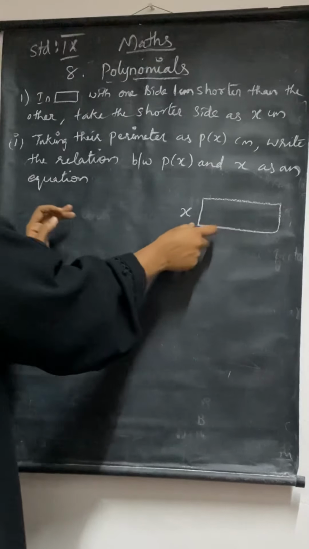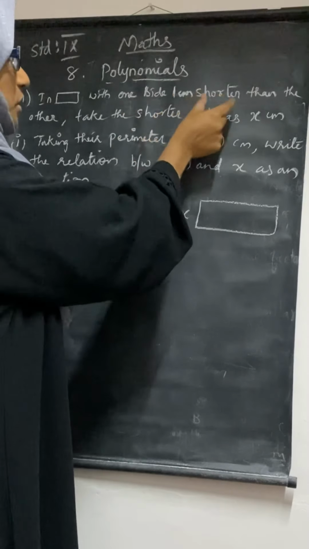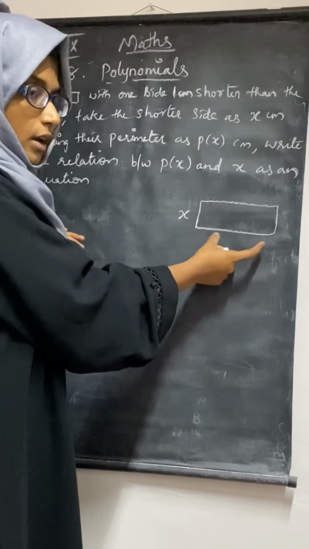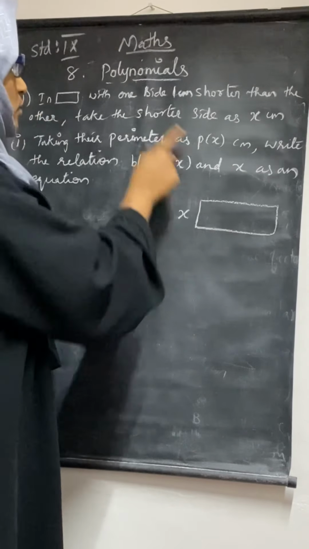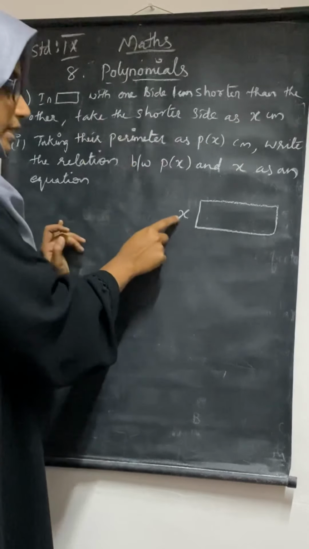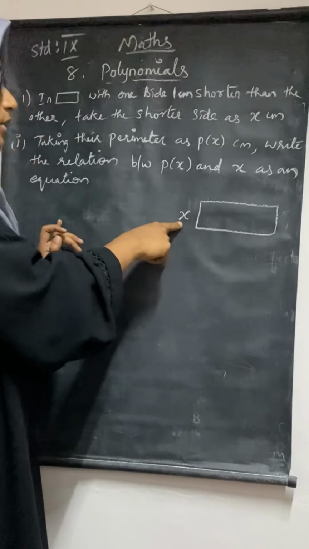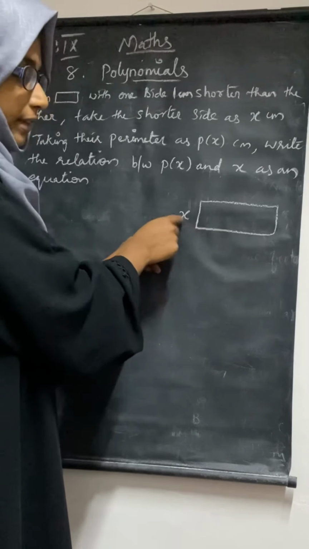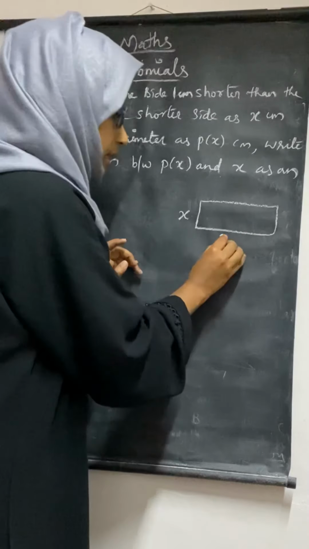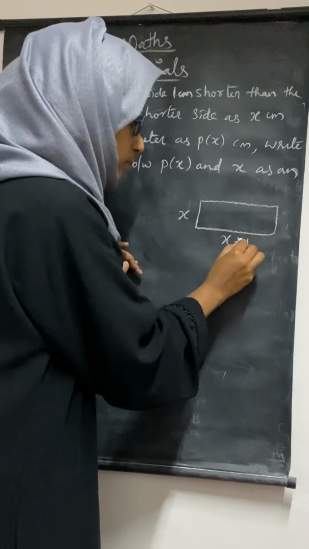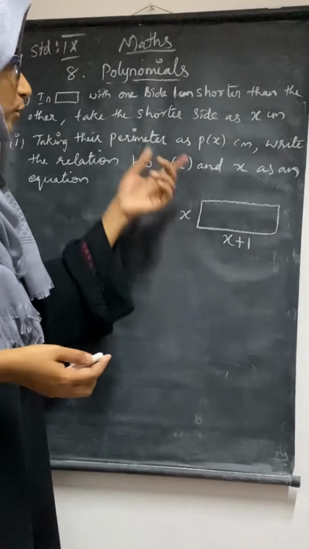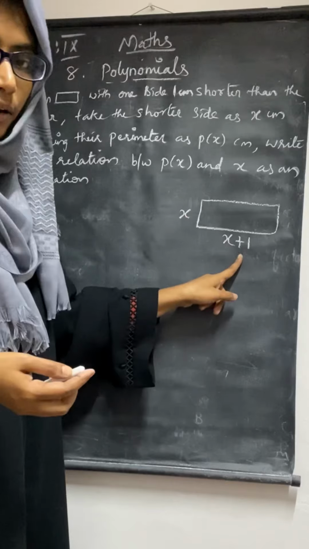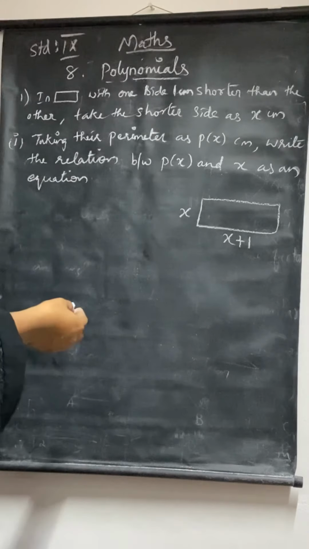So the shorter side you have to take as x, and they told that one side is 1 centimeter shorter than the other. So if this is x, the other will be more, plus 1, x plus 1. So this is the way.